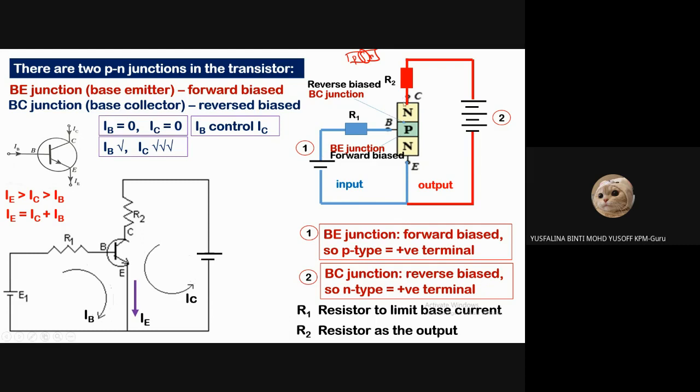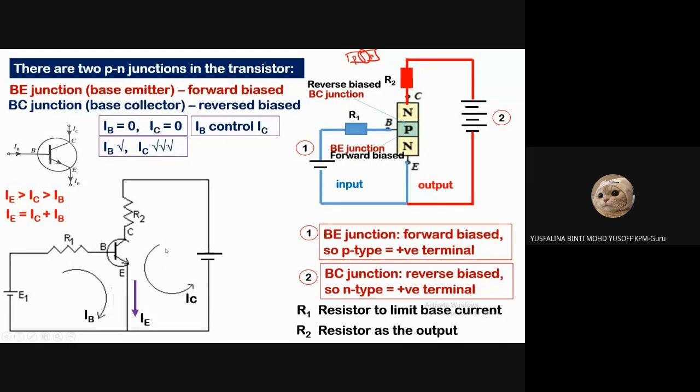Okay, so whatever the part is, it is the base. You have to make sure the base has the forward bias so that the current can flow. This one is a reverse bias. I already explained about this one, and this one also the teacher already explained, right?